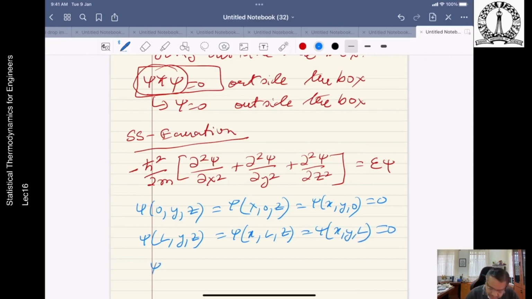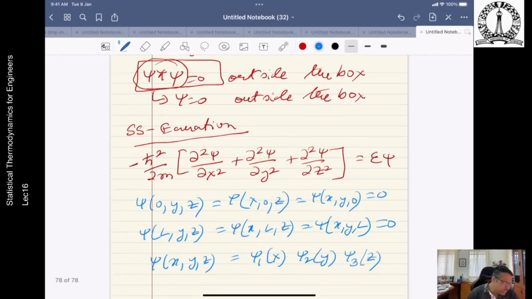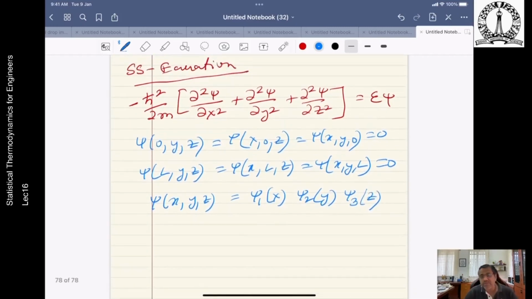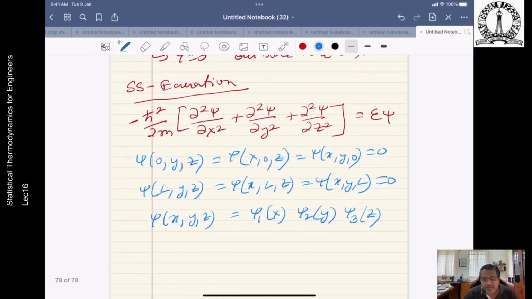And psi x, y, z is equal to psi 1 x times psi 2 y times psi 3 z, because each of the 3 directions is independent with respect to each other. So this is at one corner, this is at the other corner. The probability is 0 at those boundaries, and it has a finite probability inside the box.